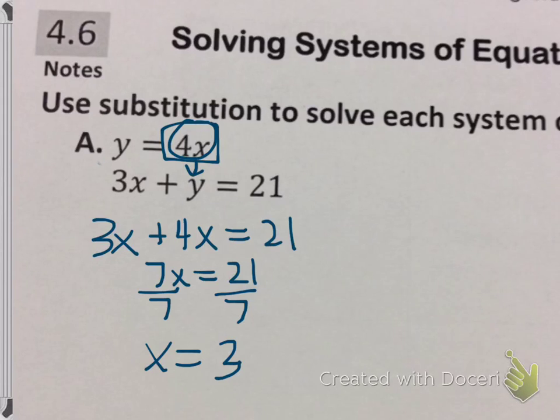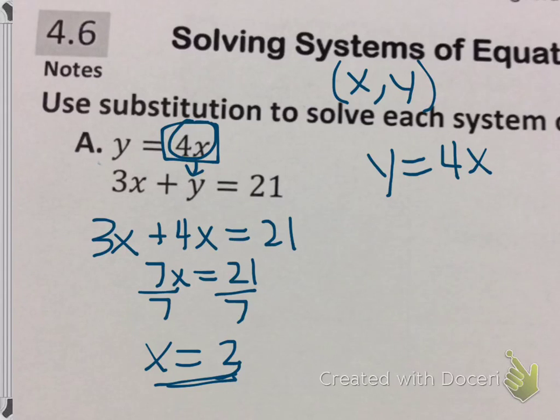Okay, now when we did our equations the other day on the graph, we ended up with an ordered pair, which is an x comma y value. We still need to have an xy value, so now I have x equals 3. How can I find out what my y value is? Well, I still have those two equations up at the very top that I can substitute my answer back into.